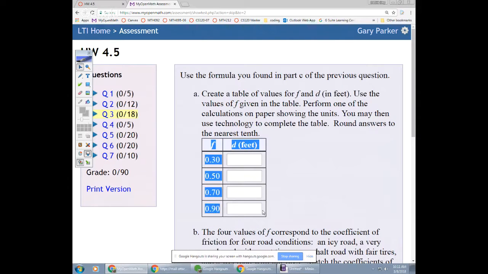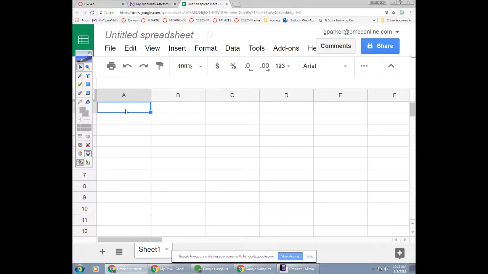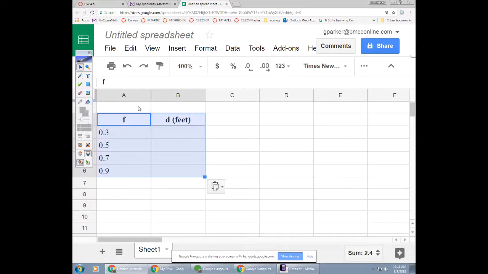So I'm going to copy that to a Google Sheet. Otherwise, it's painfully slow. So let's see, I'll put that right there. All right, so my formula, I'm just going to list that again.